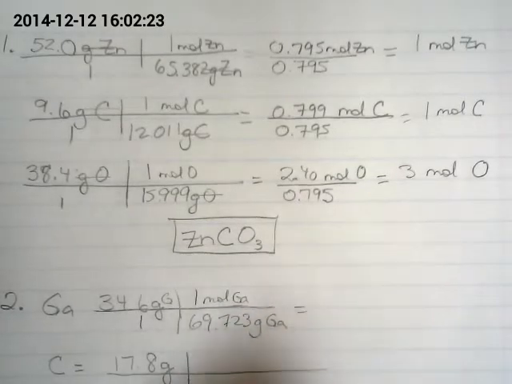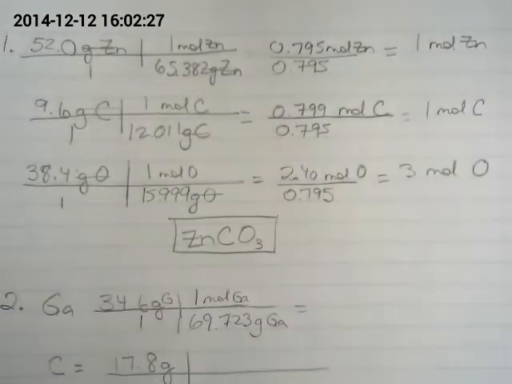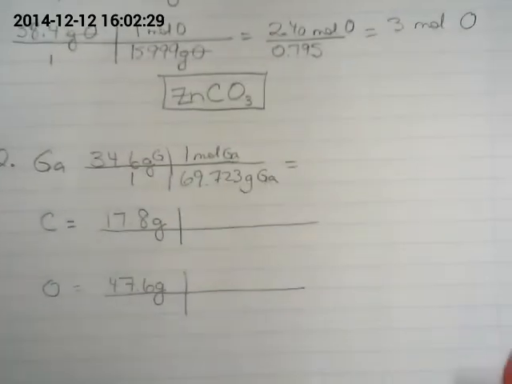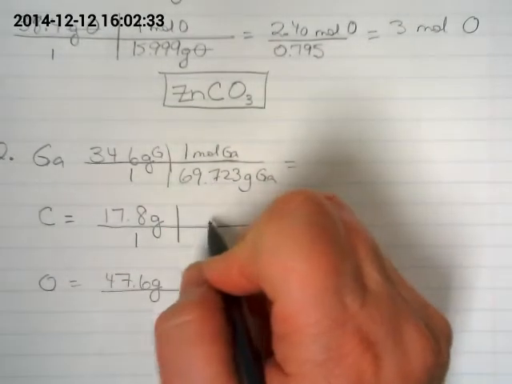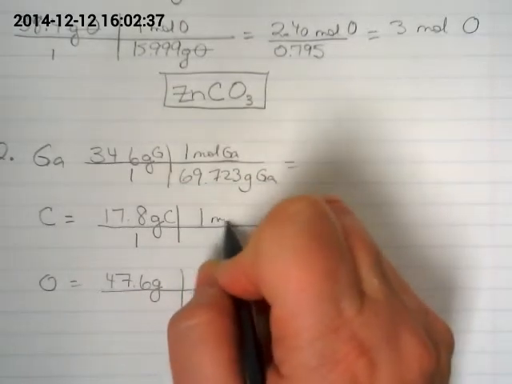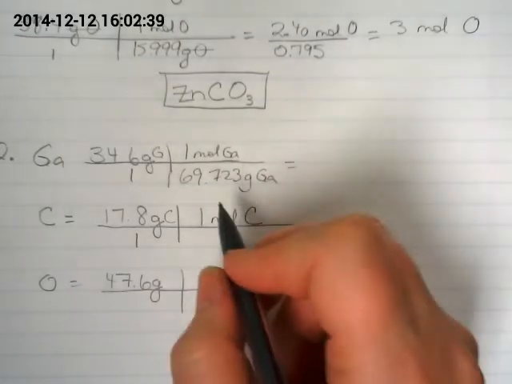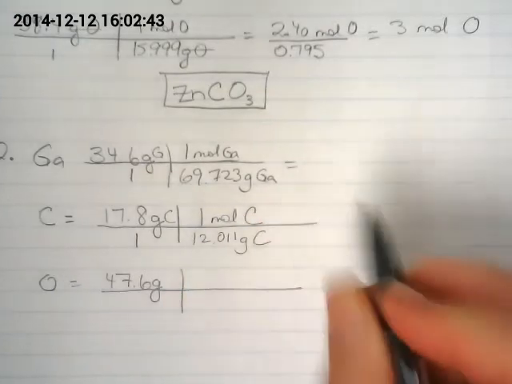I would suggest, once again, that you stop the video and see if you can do the rest of this. If you're stuck, then you can come back. Alright, 1 mole of carbon weighs 12.011 grams.